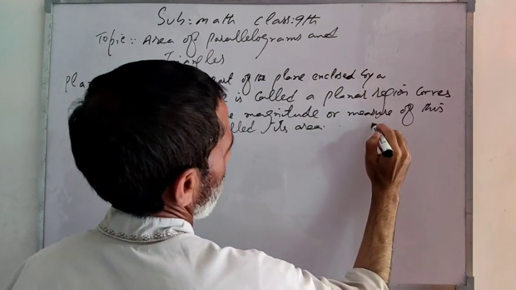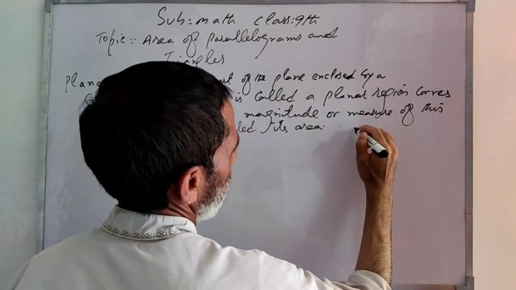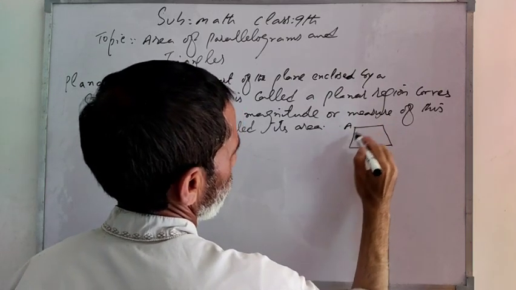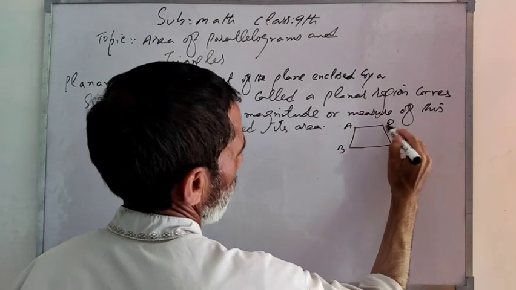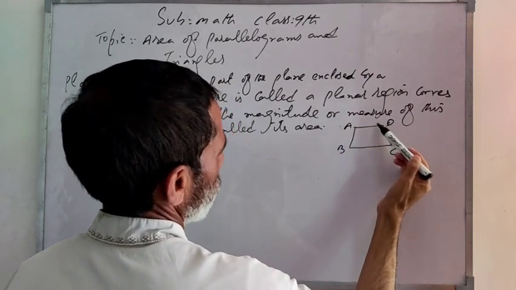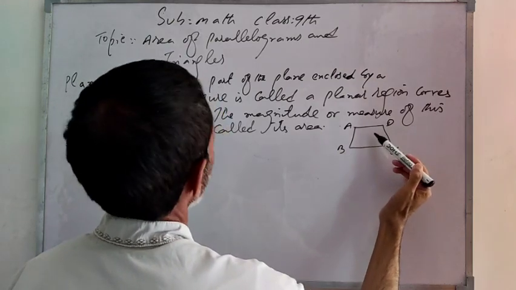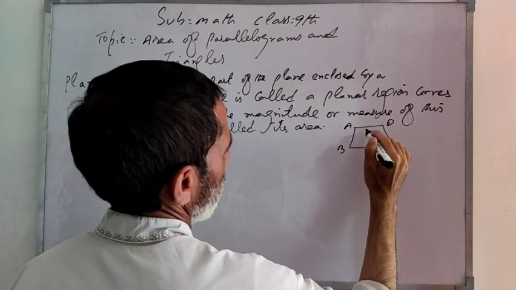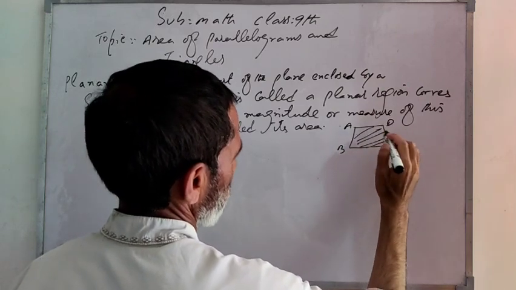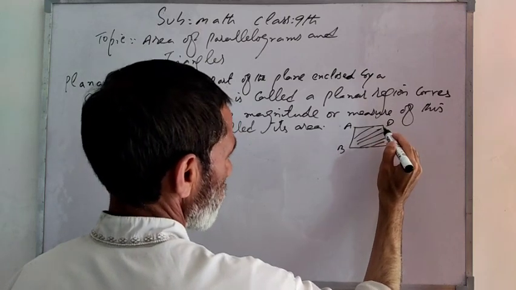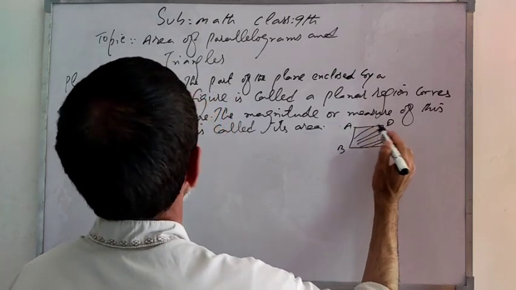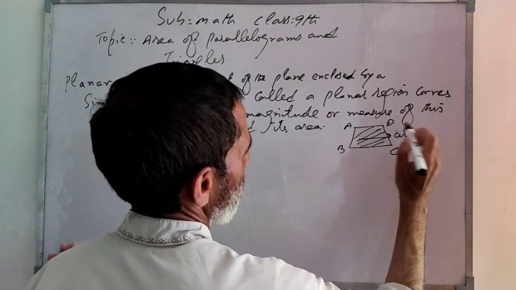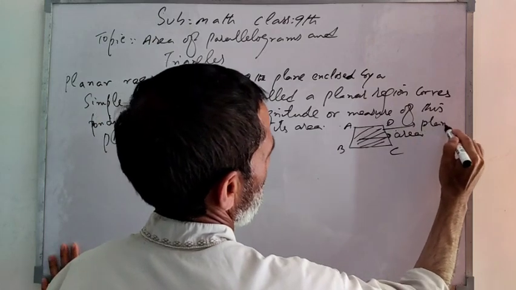For example, this triangle or this quadrilateral, this is the closed figure. The magnitude of space enclosed by this figure, the part of the plane enclosed by this figure, is called the planar region. And the magnitude of this planar region is called area.